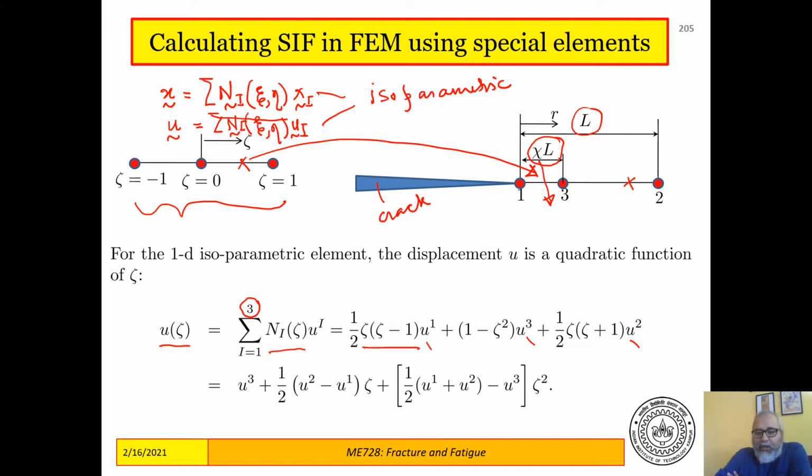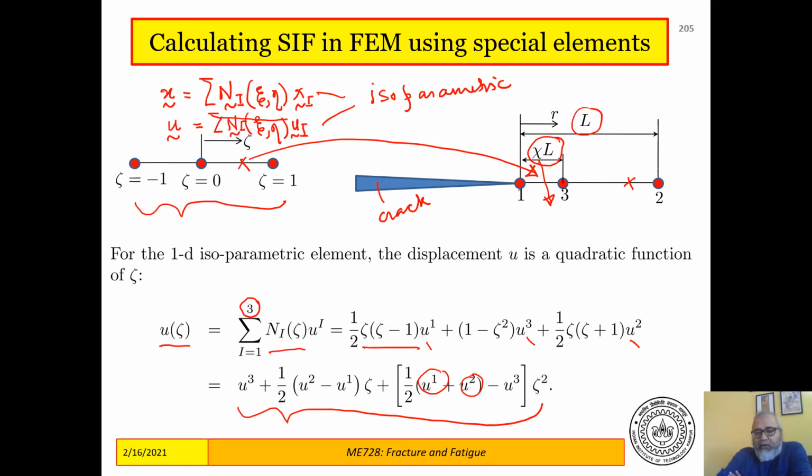With this interpolation, we can now shuffle the terms around and write it as a polynomial in zeta. Remember, these quantities are nodal quantities, so they are obtained from the solution. So we can write it as a quadratic polynomial in zeta.